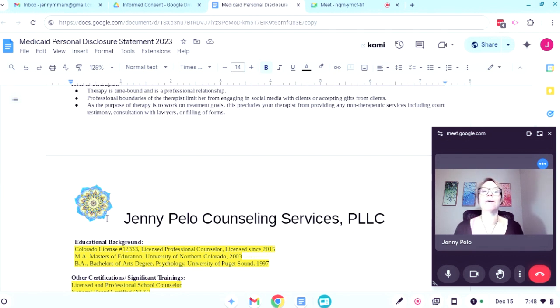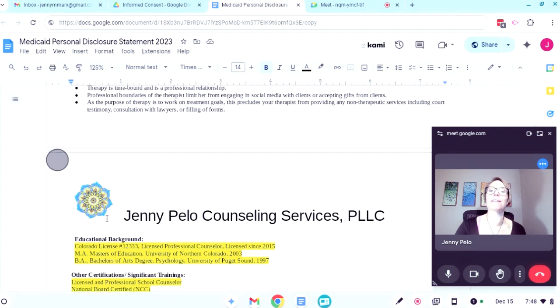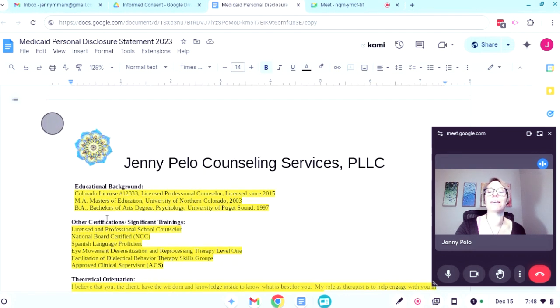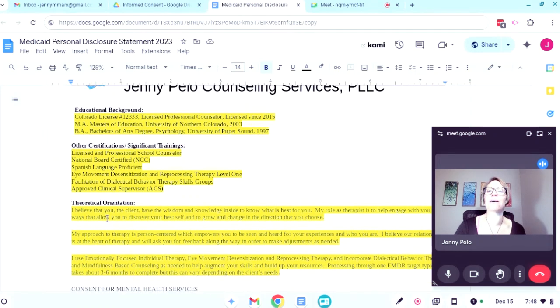And then I have another reminder here that I talked about earlier, that this is really to work on treatment goals and not do other things like filling out forms, providing court testimony, and that kind of thing. Then I talk about some things, and I've highlighted it.